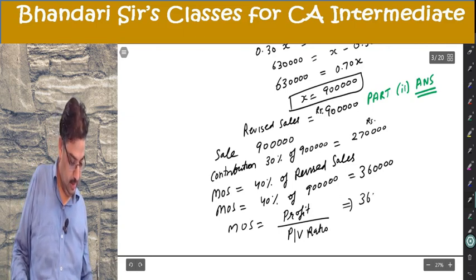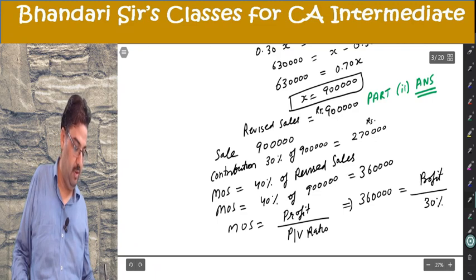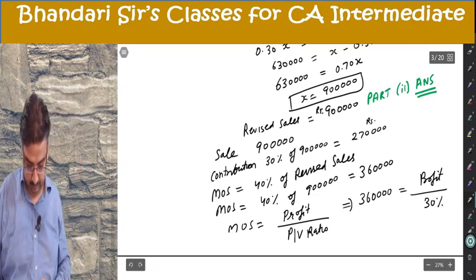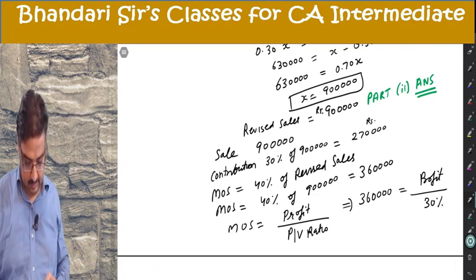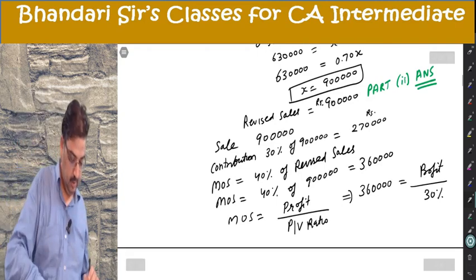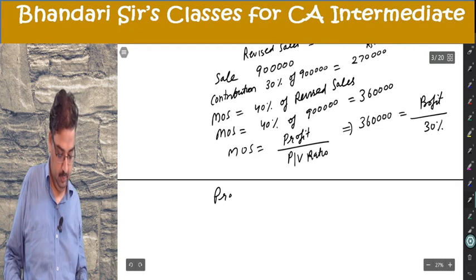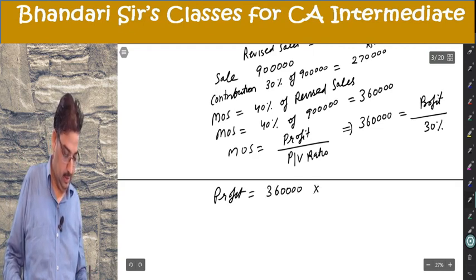This implies 3,60,000 is equal to profit divided by revised PV ratio 30%. 3,60,000 into 30% will be profit. Hence profit, 3,60,000 into 30%, 1,08,000.